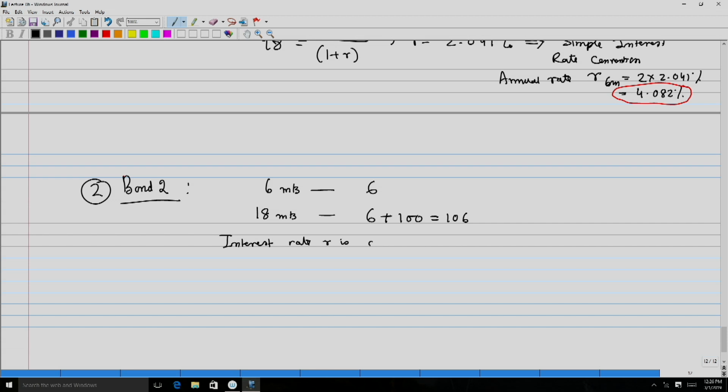So, then the interest rate R is calculated as follows. Remember, what is the price? The price was 101. This is equal to the present value of the first coupon and the present value of the second coupon added up. Now, the first coupon was paid after 6 months, and we have already calculated the interest rate for the first 6 months in case of bond 1, and we are going to utilize that number.